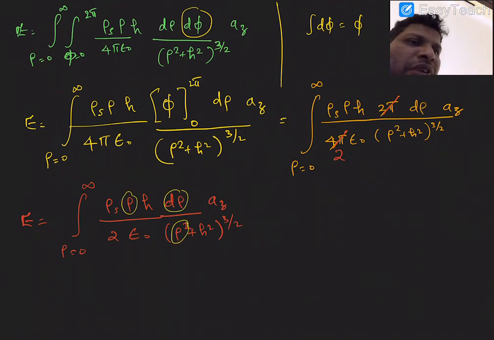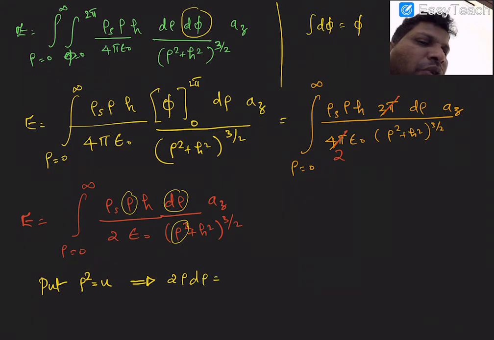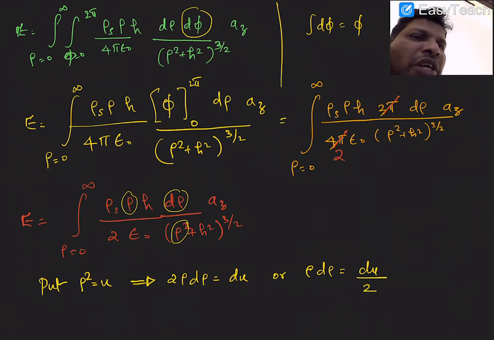So we will use a trick which is a rule in integration. By using the substitution of variable, we will put rho square equal to u. So this implies that 2 times rho into d rho, if you differentiate on both sides, equals du, or we can get rho into d rho equal to du by 2.